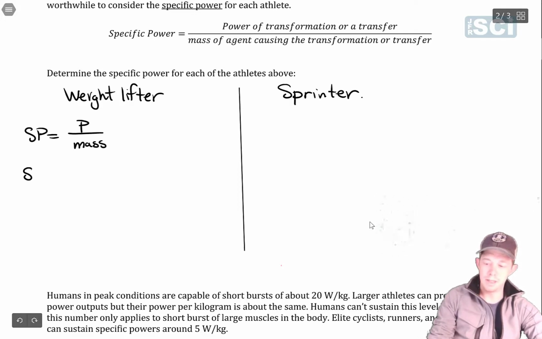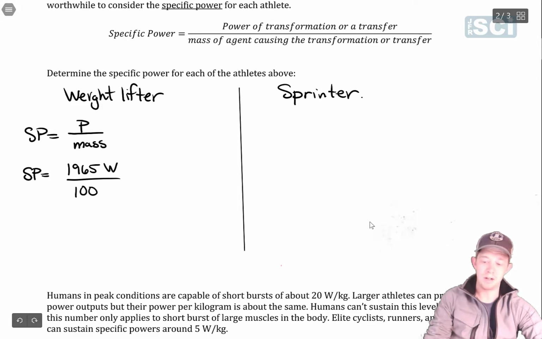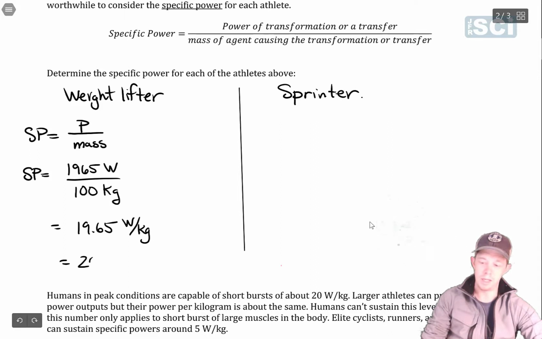My weightlifter had a power output of 1,965 watts, and they had a mass of 100 kilograms, which if you work this through, gives you 19.65 watts per kilogram, or about 20 watts per kilogram.